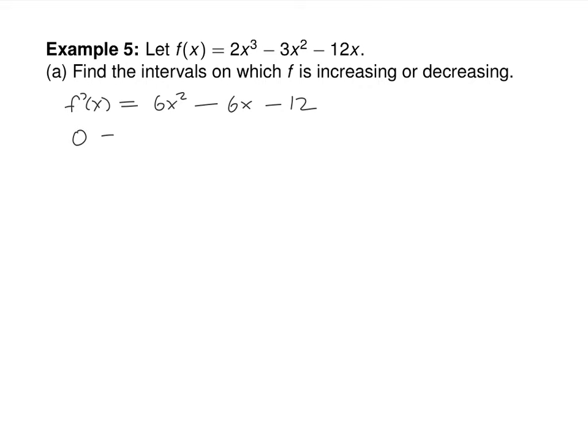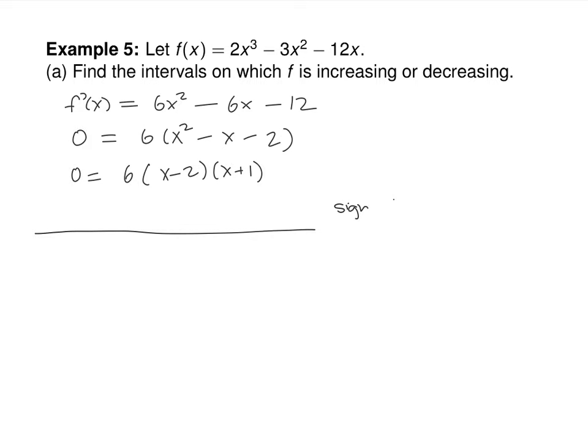Set it equal to 0, take out the 6. Ooh, one thing to be a bit careful about, don't divide by that number, that 6. It doesn't matter if it's positive 6, but if it were negative 6, it'll change the result of all your conclusions. And I'll talk about that when we finish this part. So that'd be 6, x minus 2, x plus 1.